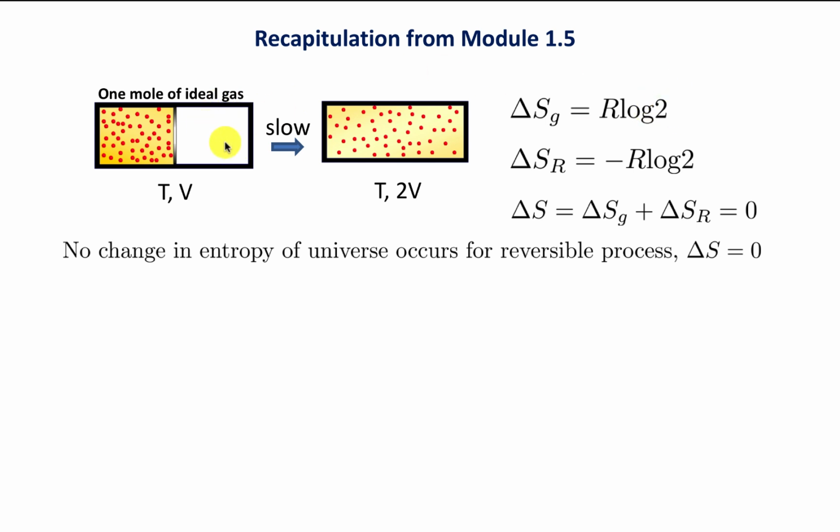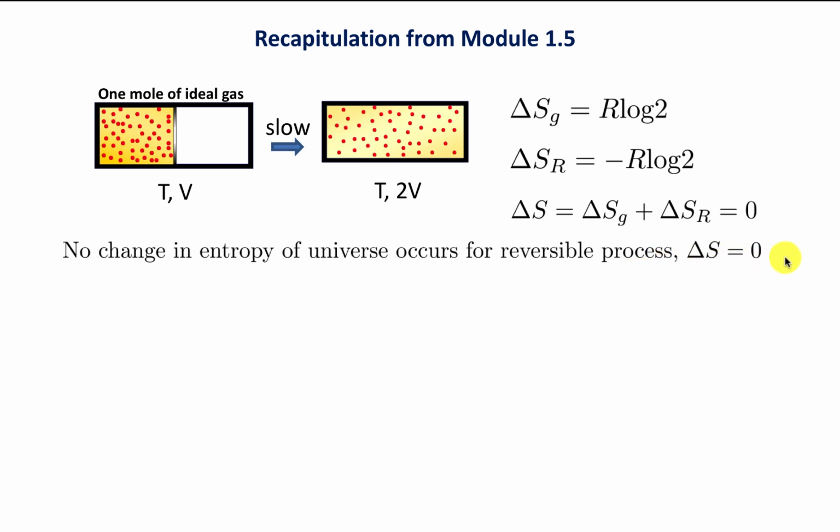But since this gas had done work on the piston, it had to take in heat from the environment, which meant that the entropy of the environment decreased and hence came with a negative sign. That change in the entropy of the environment exactly cancelled the increase in the entropy of the gas, which meant that the total change of the entropy was equal to 0. So, no change occurs in the entropy of the universe for a reversible process.